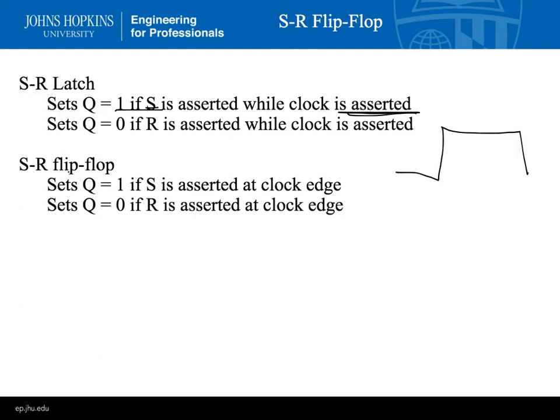So it's dependent on when you flip this. A flip-flop is not dependent on when you flip this; it's when the clock edge happens. So the clock edge controls when it gets set, and in the latch, asserting S is when it gets flipped. It's a subtle difference.